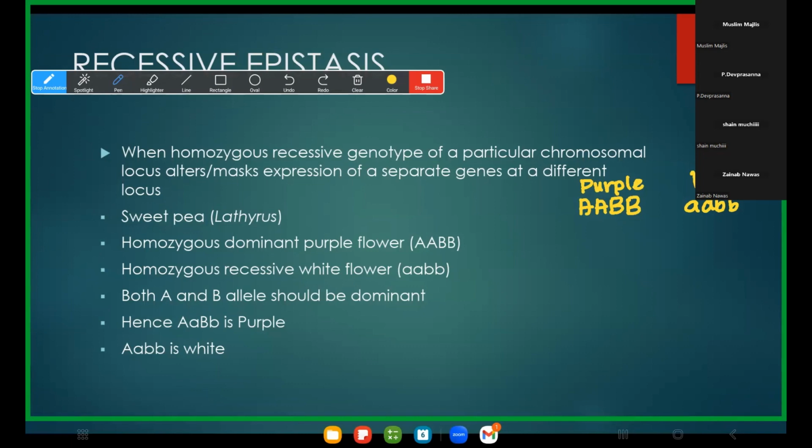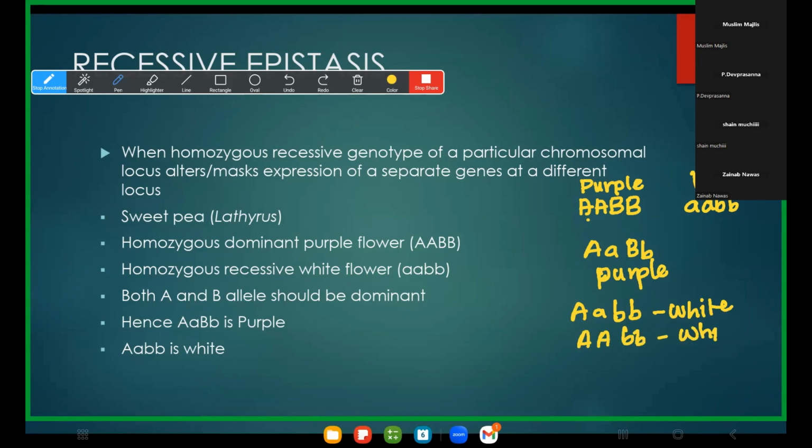So capital A, capital B, capital B would be purple, while simple a and simple b would be white. But capital A, capital B, simple b would be purple again, whereas capital A, simple b would be white. Or simple a and capital B would be white.